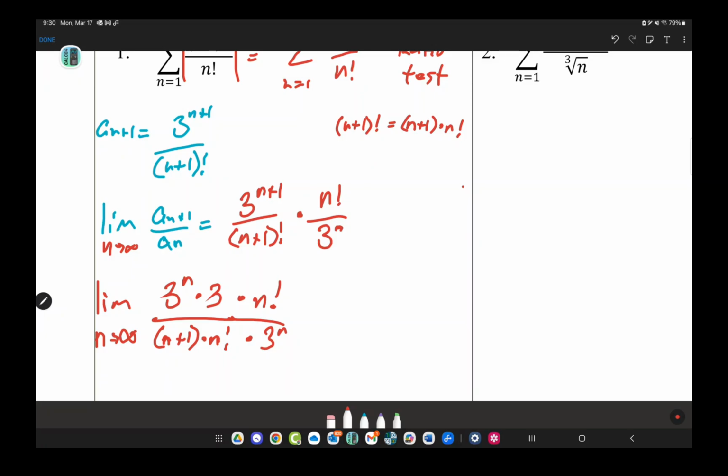So what cancels out? And we had the limit as n goes to infinity of 3 over n+1. Now, the limit as n goes to infinity of this is basically your horizontal asymptote test.